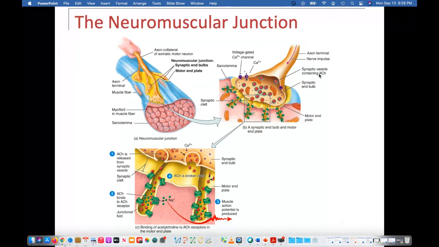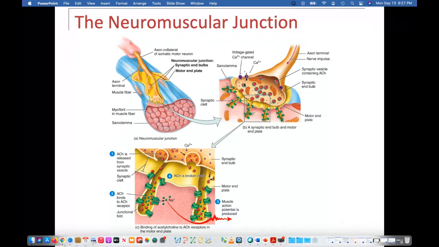Acetylcholine. And acetylcholine is always, always, always excitatory at the neuromuscular junction. Okay, so we see these vesicles, and in the synaptic end bulb, we have neurotransmitters packaged in these little circles here, and that's acetylcholine.